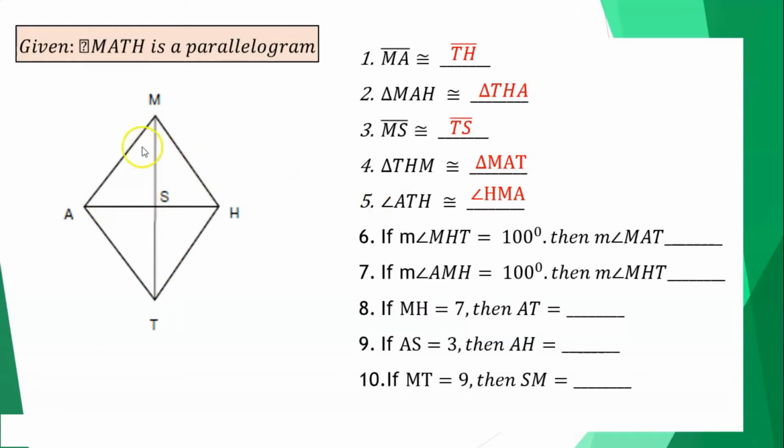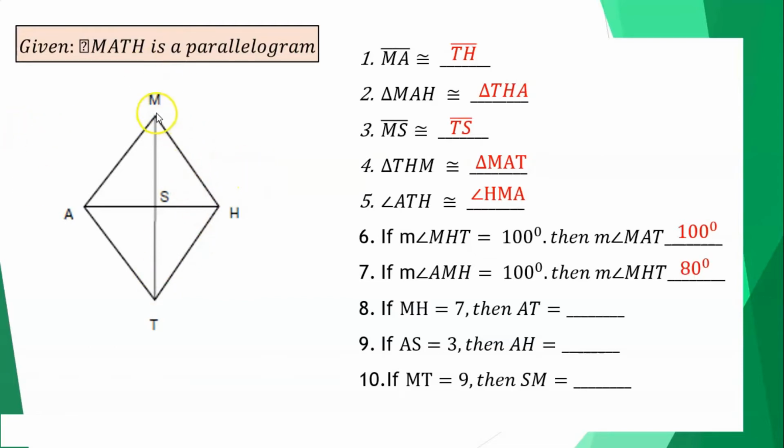Now, given this, if the measure of angle MHT is 100 degrees, then the measure of angle MAT, which is the opposite, is also 100 degrees. Another, if the measure of angle AMH, which is this angle, is 100 degrees, then the measure of angle MHT, which is a consecutive angle of the given, is 80 degrees.